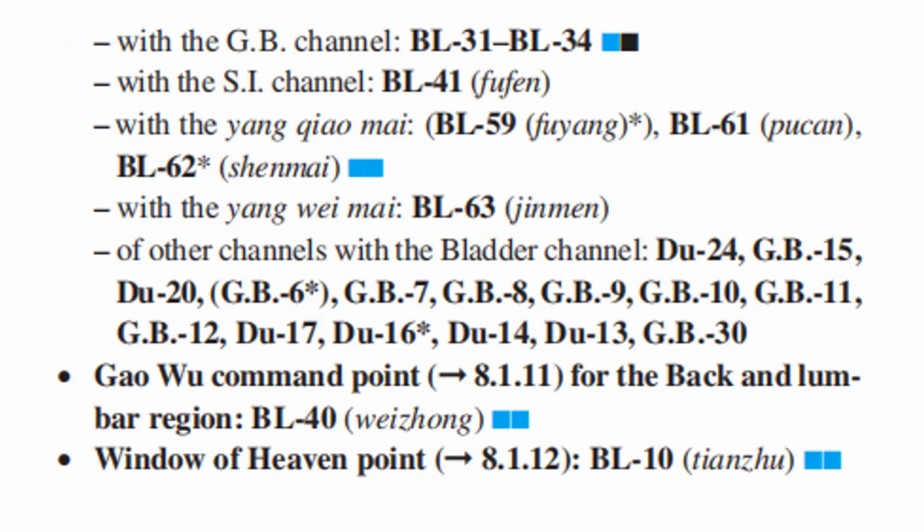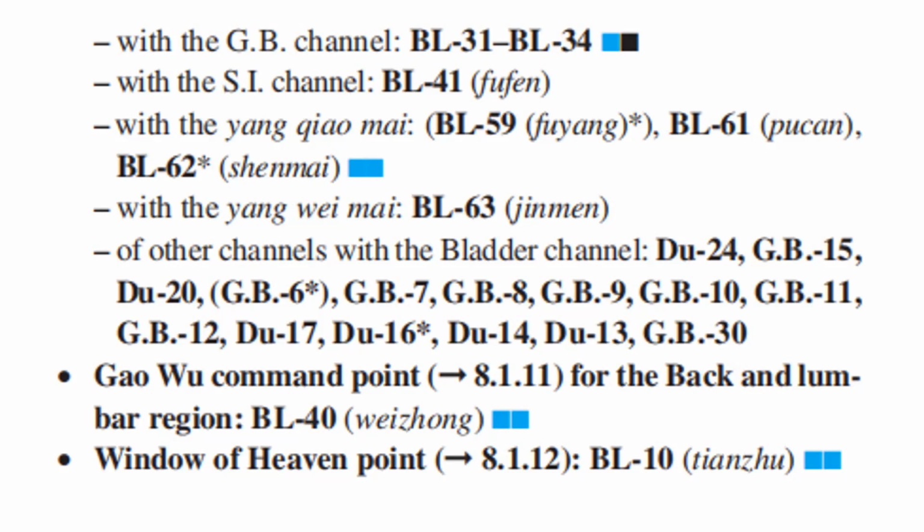Other channels meeting with the bladder channel: DU 24, GB15, DU 20, GB6, GB7, GB8, GB9, GB10, GB11, GB12, DU 17, DU 16, DU 14, DU 13, GB30. Command point for the back and lumbar region, bladder 40.